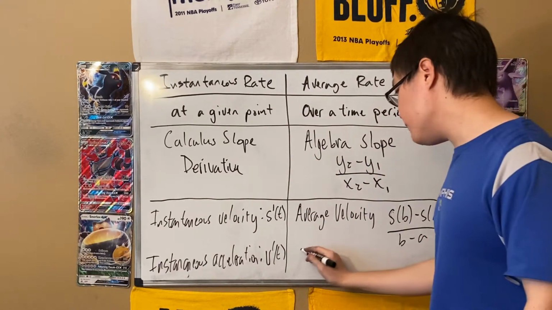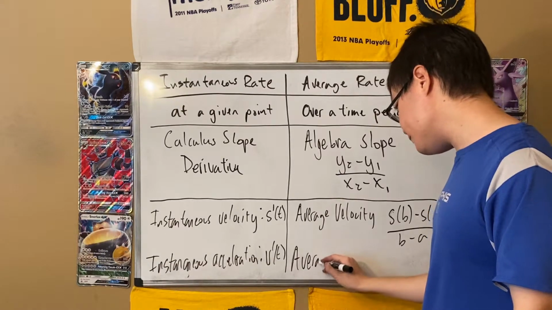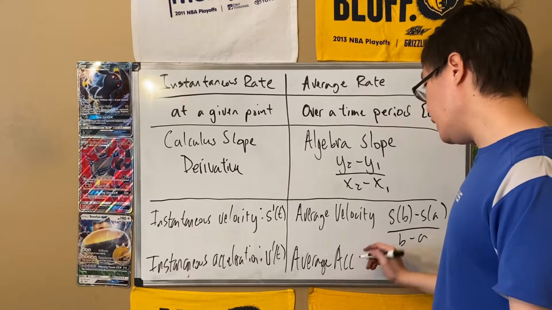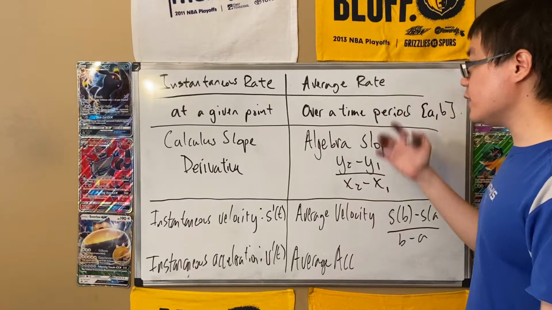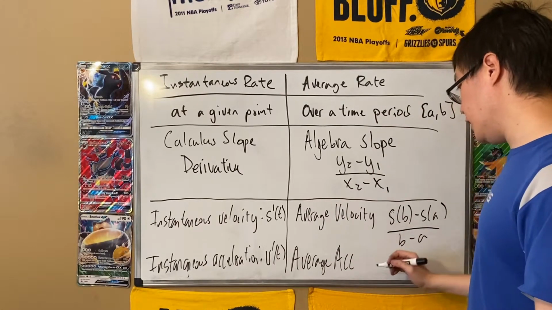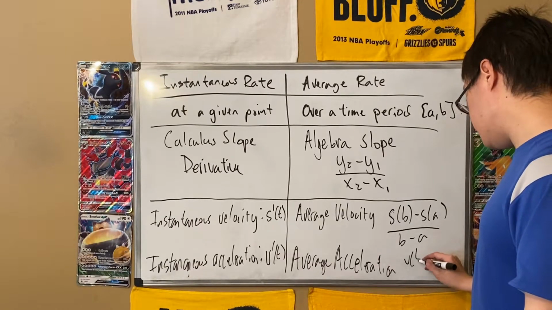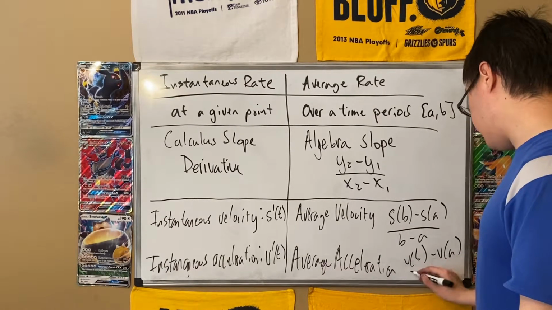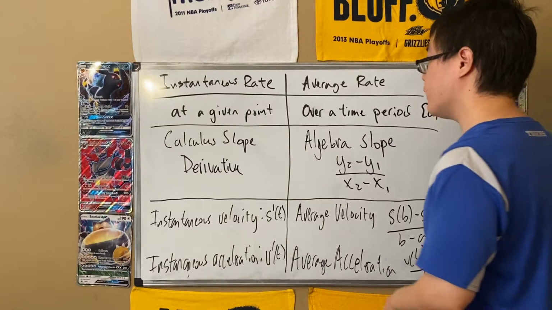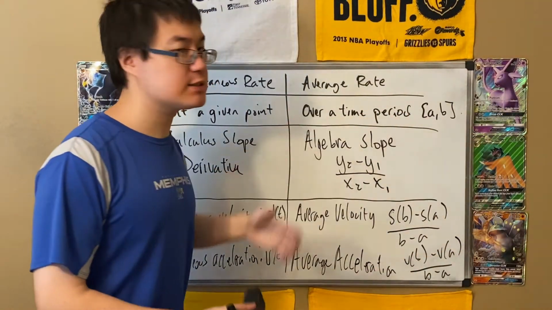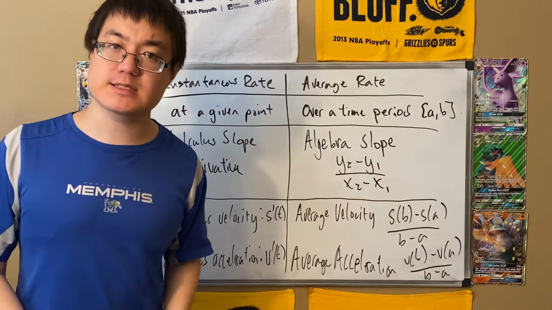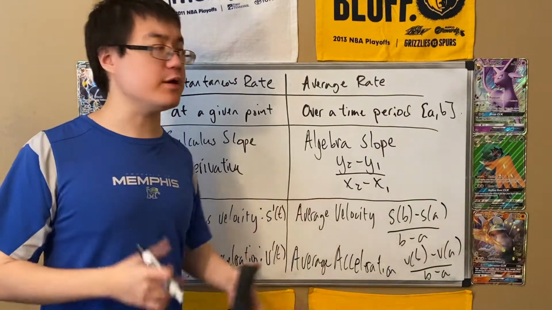So average acceleration is really similar to average velocity. Again, it's an average rate. It's going to be algebra slope of the velocity formula. So it's going to be v of b minus v of a over b minus a. So again, hopefully you see the difference between these two rates. They're both rates, and calculus is the study of rates, but you want to know which rate you're dealing with.